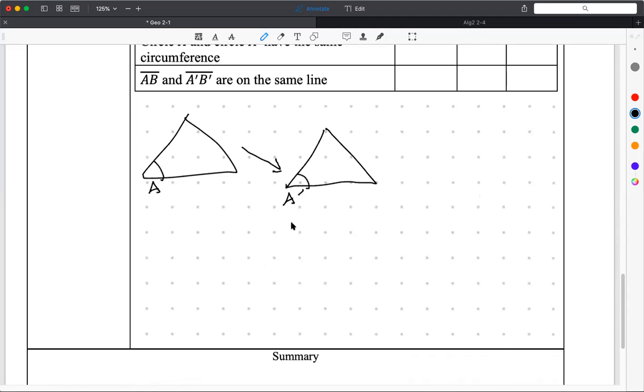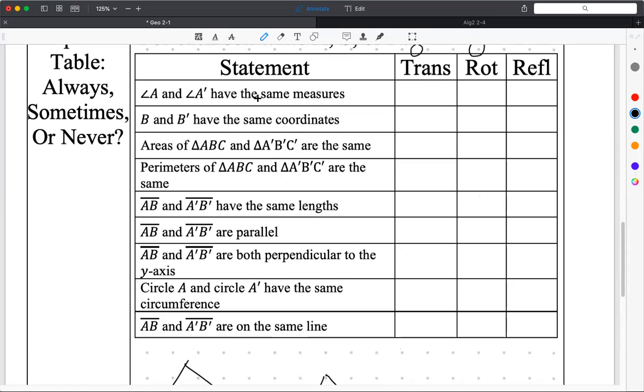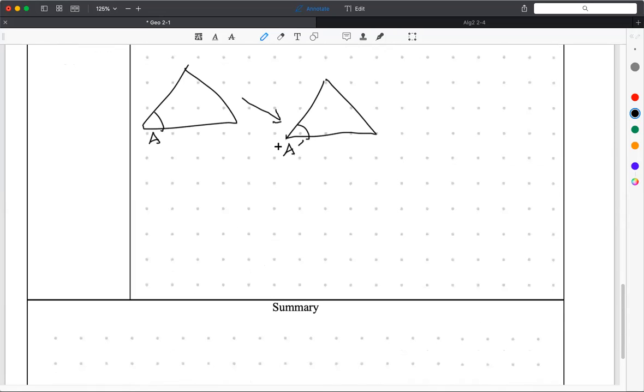Are those 2 angles congruent? They said that they have the same measures. Well, yeah, those 2 have the same measures. So I'm thinking it's either a sometimes or always. It's definitely not a never because I've just drawn a sketch of when it does work. So now I'm thinking, okay, it's between sometimes and always. I can't tell. Okay, so maybe let me try drawing another picture where I break that.